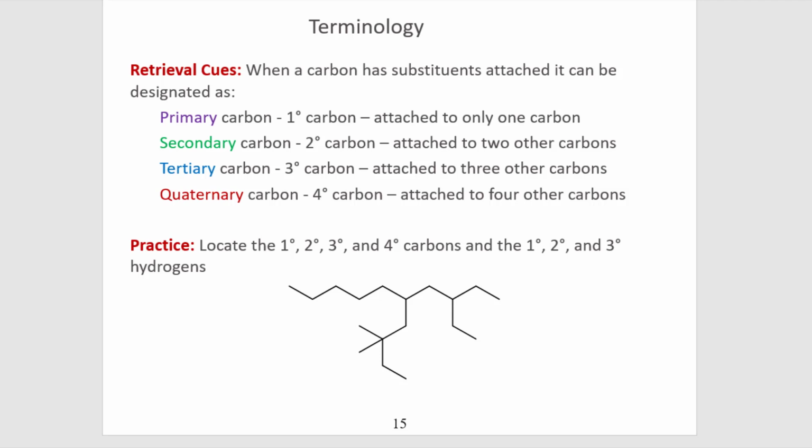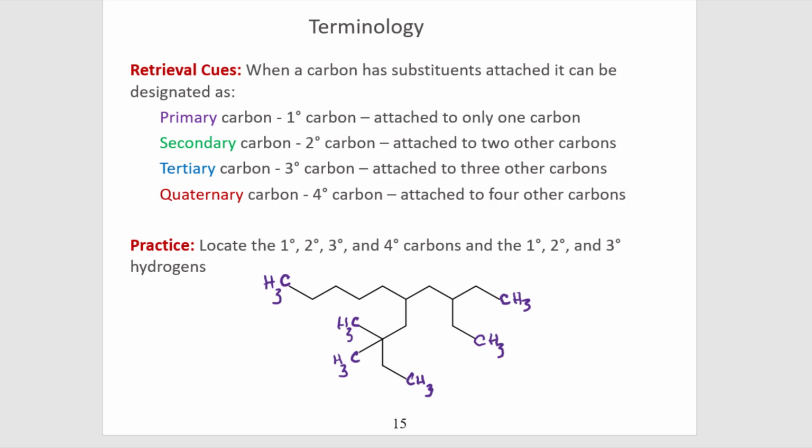So when you have a carbon that is primary, like the ones that I'm indicating, all of the purple primary carbons that I'm showing you, the ones on the ends, are primary. Why? Because they're the ones that only have one carbon attached to them. A carbon with only one other carbon bond, and the rest of it's just filled with hydrogens.